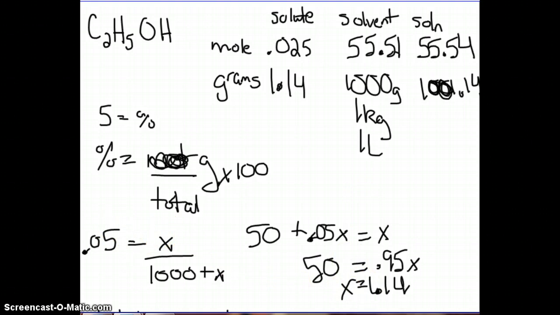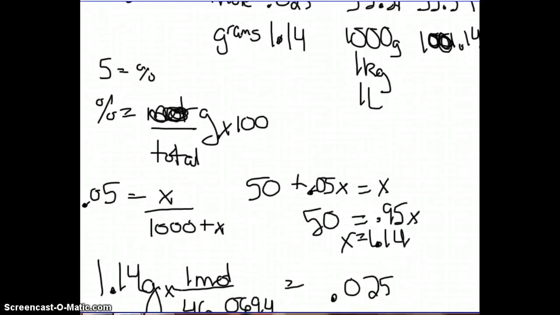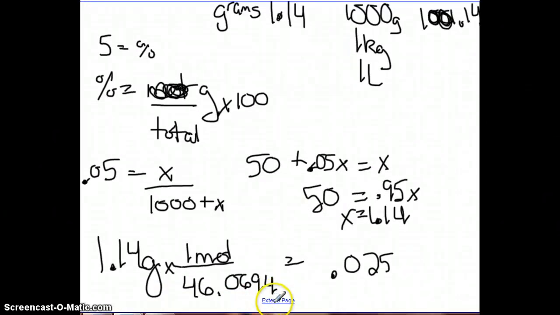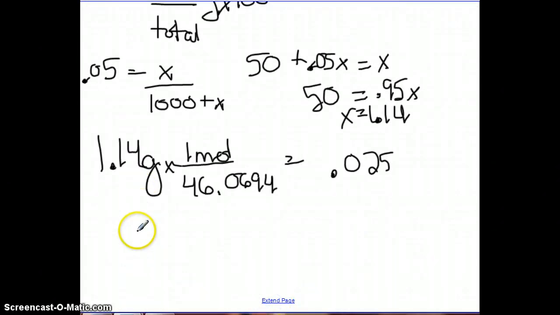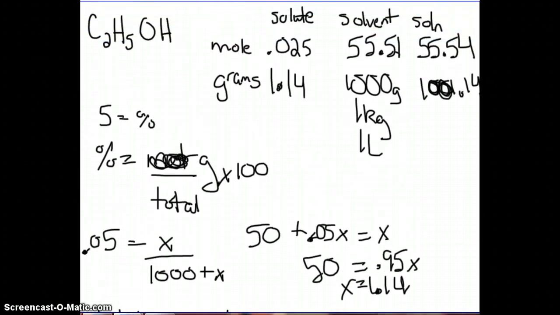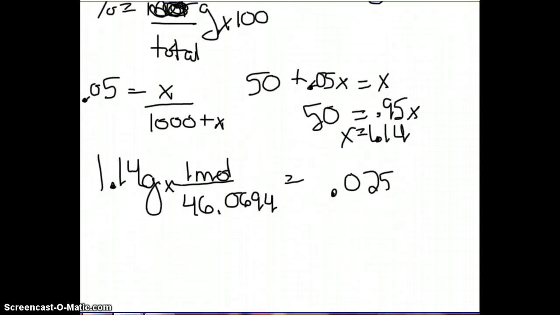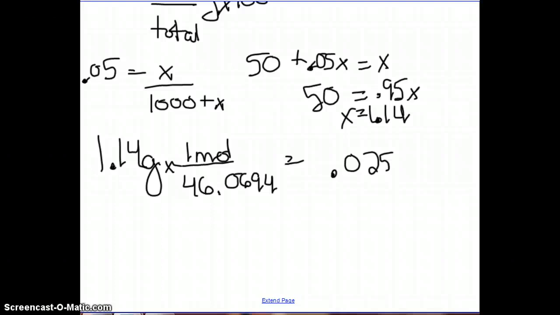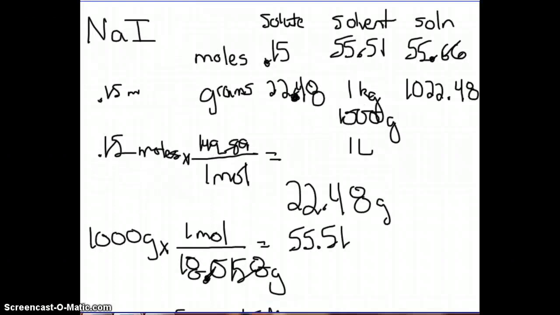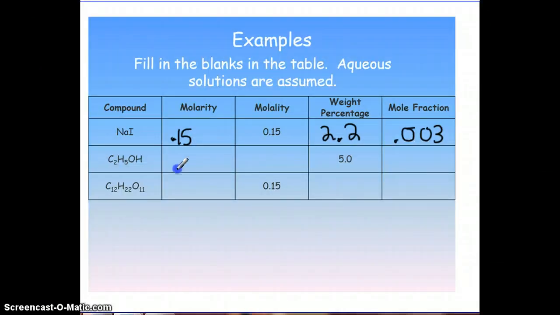Now we can start doing our calculations. We already have our mass percent, so let's look at molarity and molality. Molarity is going to be our moles of solute over liters of solution. So we got 0.025 divided by 1, which is 0.025. That's easy enough, so we can just put that one over here on our little chart.